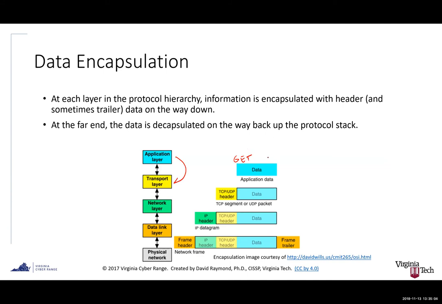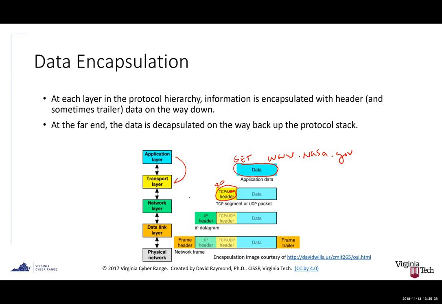And I'm going to get www.nasa.gov. And that's what's now contained in this data unit from the application layer. So what the application layer does is it takes that request and sends it down to the transport layer. And now we get this header, TCP/UDP header. Again, most of the time it's going to be TCP. And the TCP header is going to say, I need to communicate with port 80 because that's the port on which web servers listen for connections.